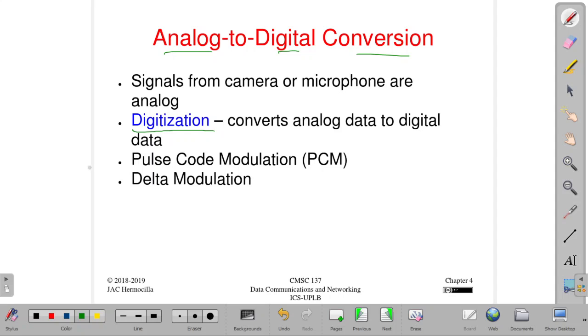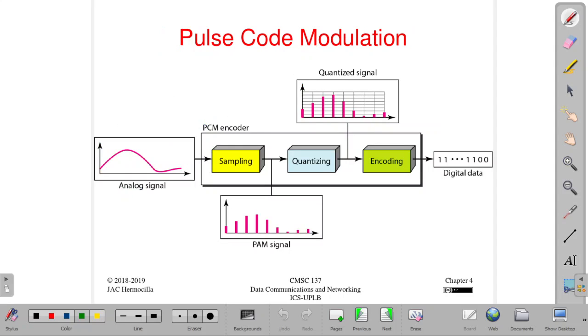And in this section, we're going to look at two techniques called pulse code modulation, and the other one is delta modulation. So first let's talk about pulse code modulation. How does it work? So on the left we have the analog data. So let's say this is the voice, and then the encoder will perform three steps.